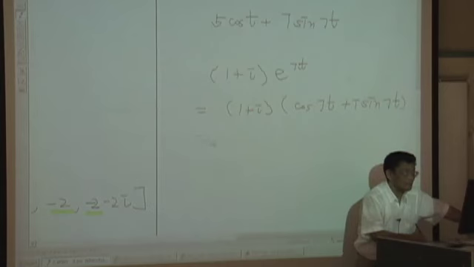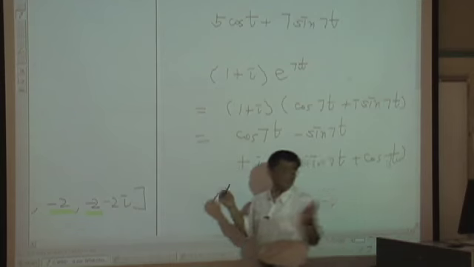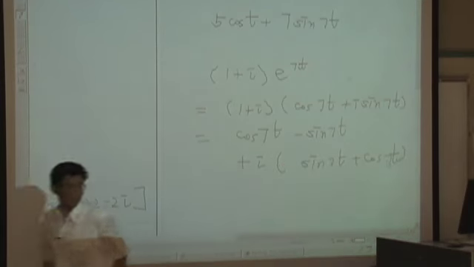Then, as you can see, cosine 7t minus sine 7t here, and then i times (sine 7t plus cosine 7t). So as you can see, the contribution is not clear because of i involved.